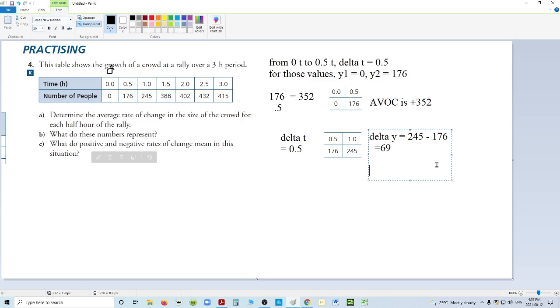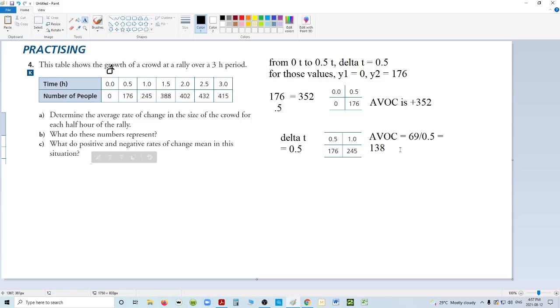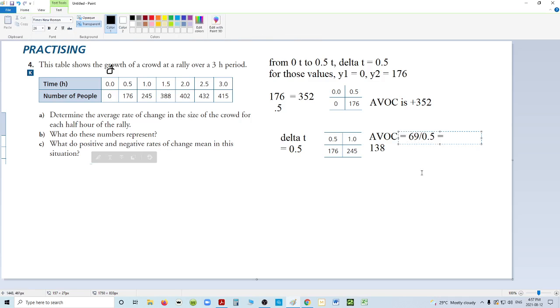So then the slope, or the average rate of change, is going to be equal to 69 divided by 0.5, which is equal to 138. So I can just get rid of all that and just say the average rate of change between those is 138.